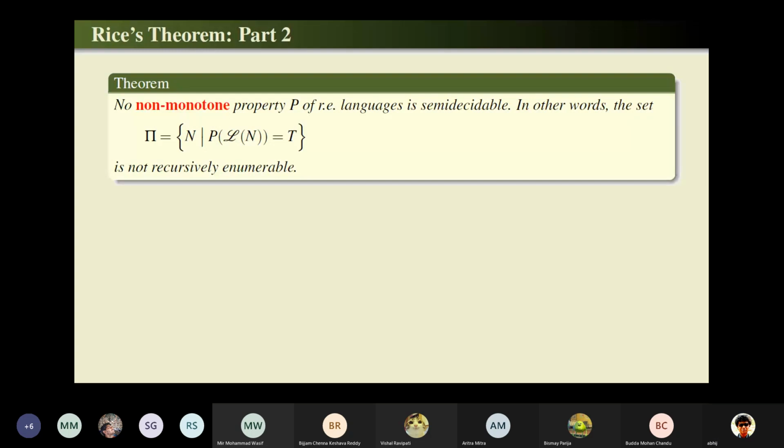Okay. In other words, if I write it in this form, consider the set of all Turing machines for which the property is true. And if I name this set pi, then this set is not even recursively enumerable.